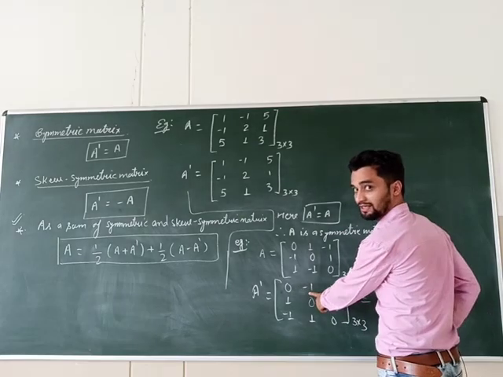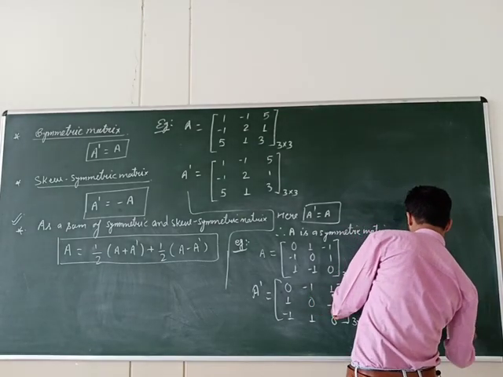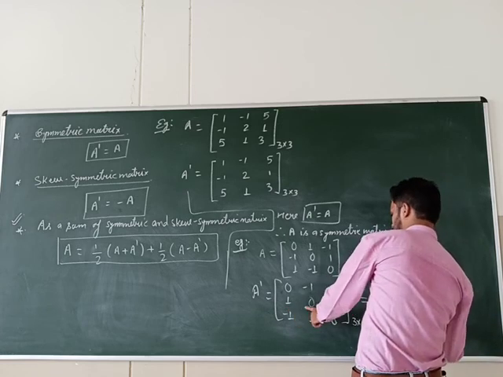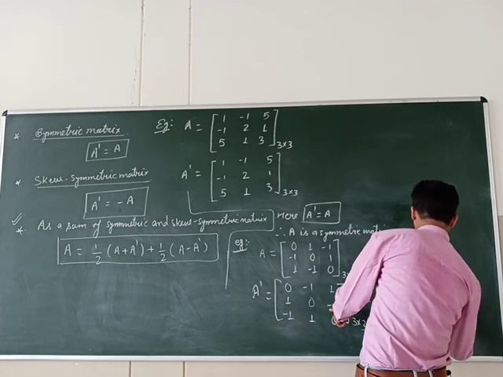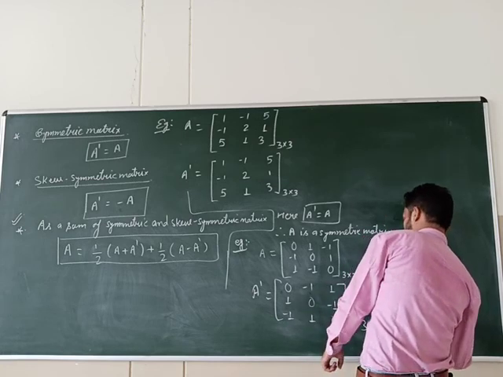This was minus 1, so it becomes plus 1. This was plus, so it becomes minus 1. Then this becomes minus 1, and it remains 0.